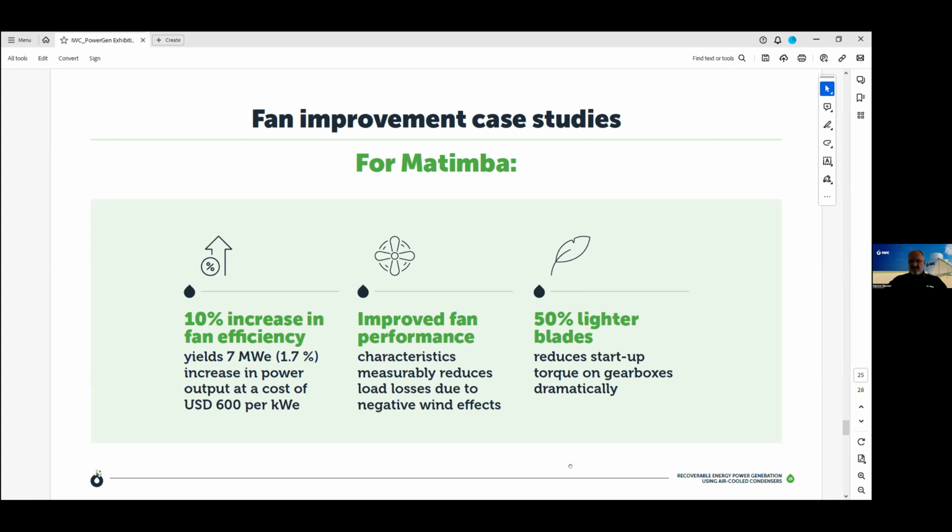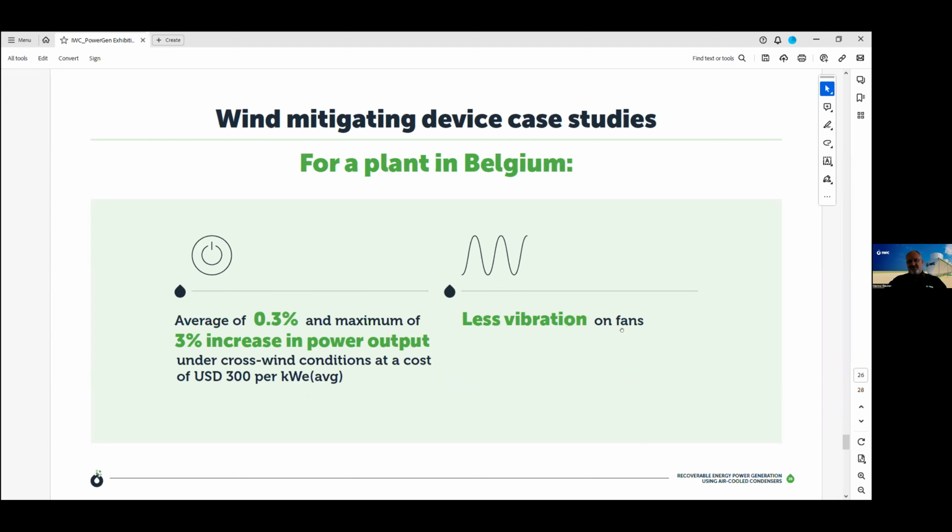And another spin-off is the 50% lighter blade. For wind, a plant in Belgium, I did a study and we could get up to 3% increase in power output, or let's say 3% reduction in load losses, and much less vibrations.